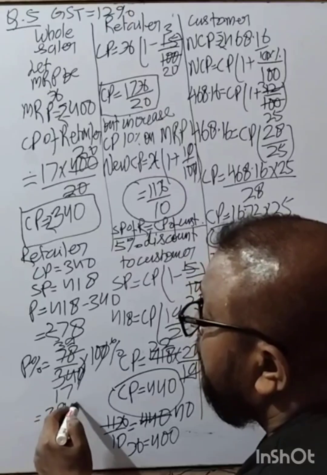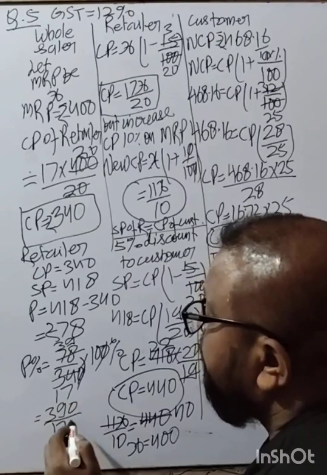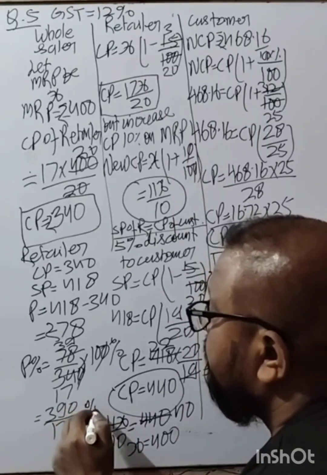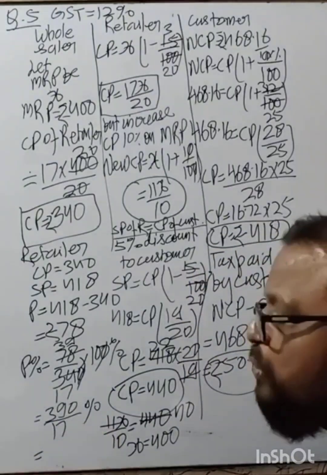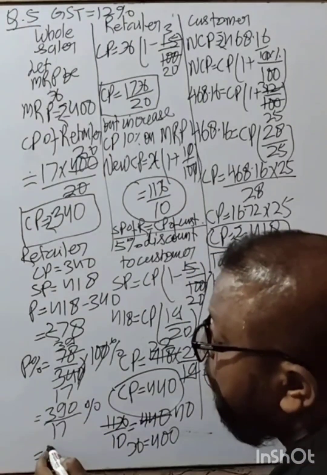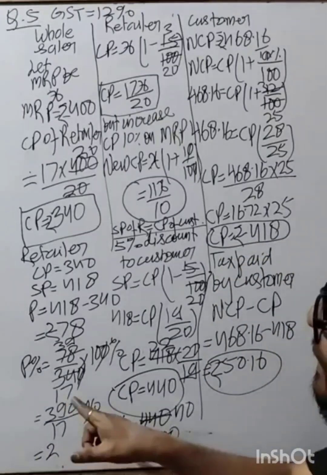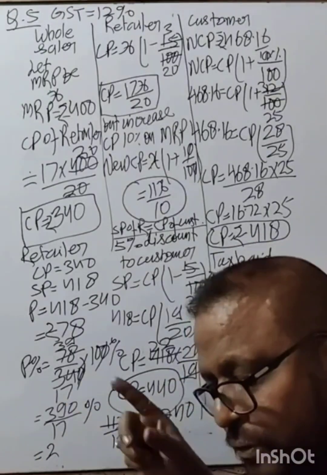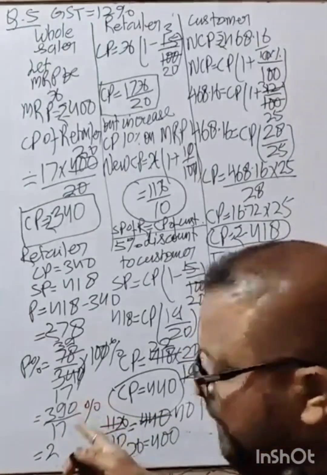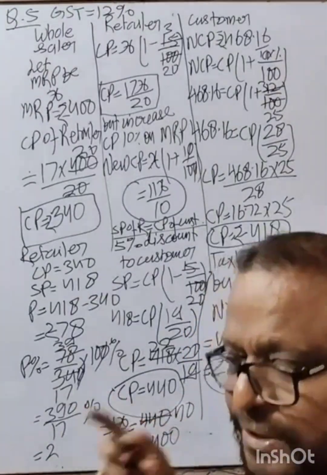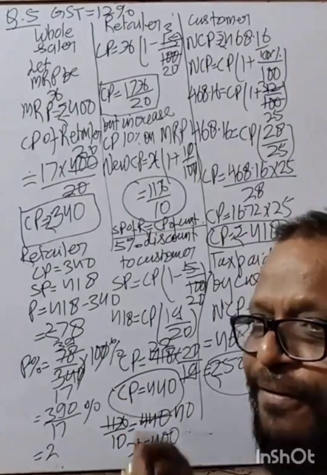When you solve this, 2 times 17 becomes 34. So 39 minus 34 becomes 5. 50, 3 times 17 is 51, so it is greater.